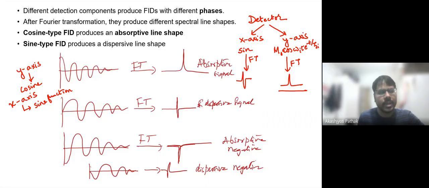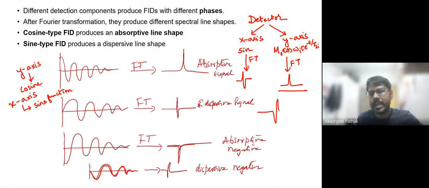If your sine function follows this, going from negative to positive, and if you do a Fourier transform of that, you get this negative dispersive signal. If it is moving from positive to negative, you get a positive dispersive signal. So this is how a positive dispersive signal looks, and a negative dispersive signal will look like this.